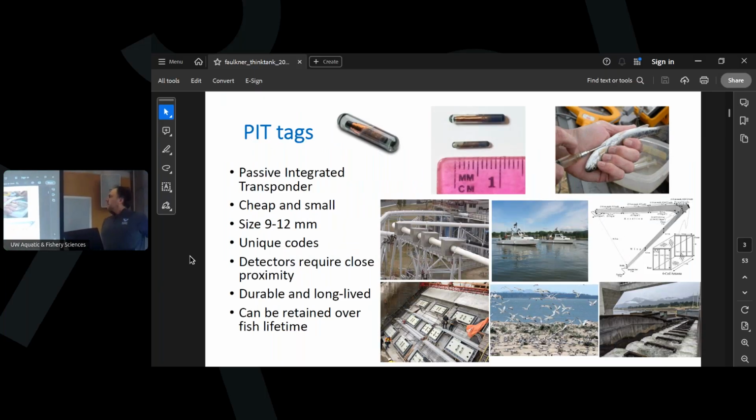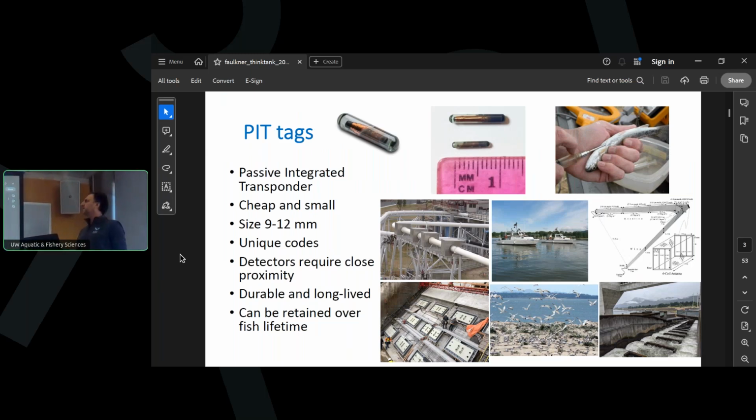Next. So a little sidebar here is some background information, if you're not familiar with PIT tags, which are passive integrated transponder tags. They are activated when they go through an electromagnetic field. It goes through a reader and sends off a radio signal that tells the reader what the unique code is on the tag.